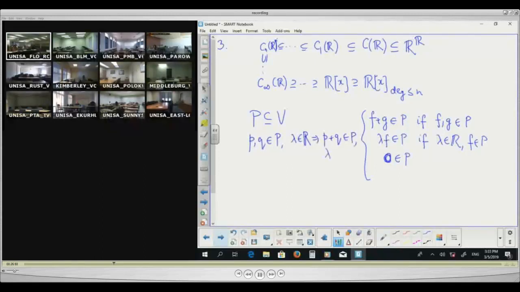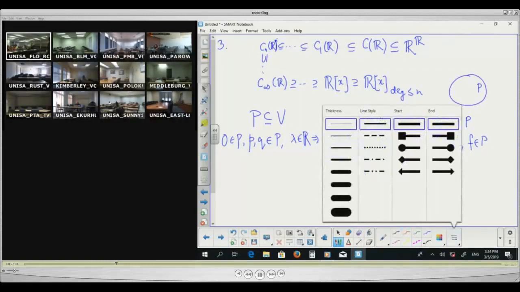You are given P and you have to find somehow a bigger vector space V such that P is a subspace of V. We use this idea again and again, but this is a formalization now.